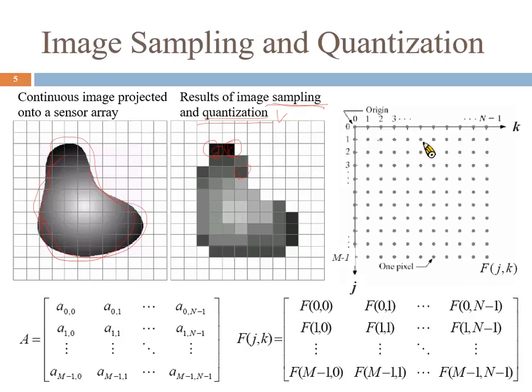For each image sensor, we store 1 pixel, and for each pixel, we store the quantized intensity value. And we usually store an image as a matrix in a computer system. So we can see that these are the quantized values, and this is the image formation model representation.